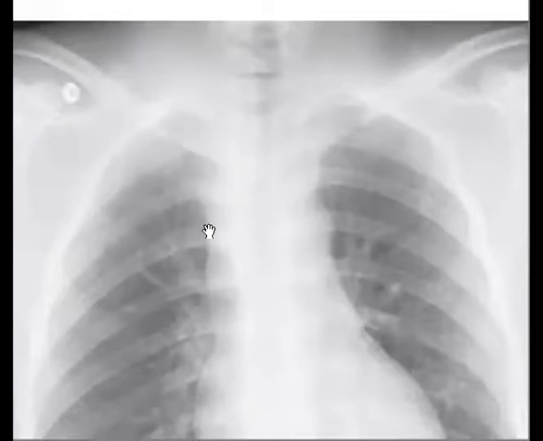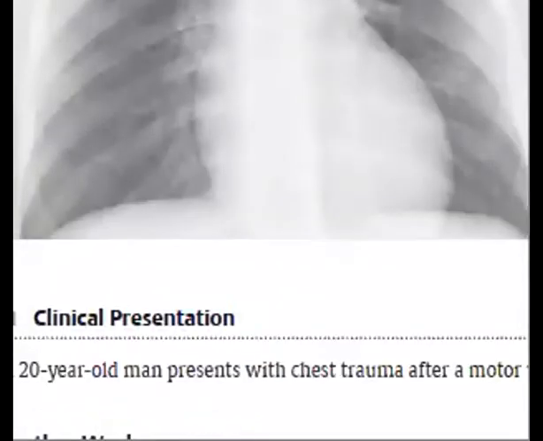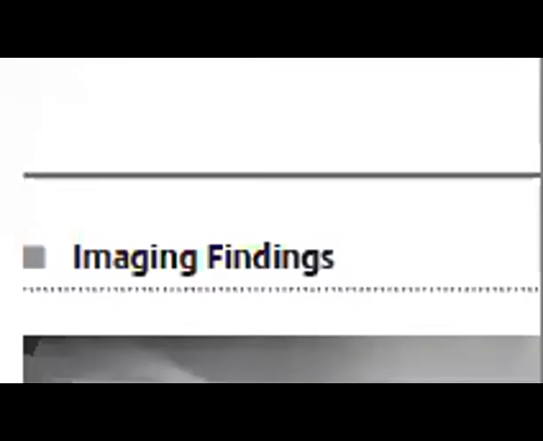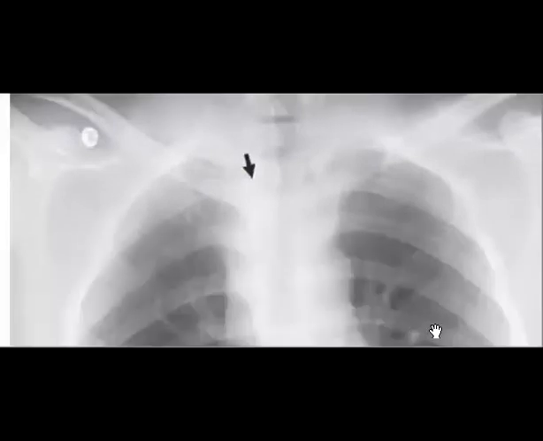It is very subtle. Yeah, I agree with you. Maybe this one is more zoomed here. So the right clavicular head is directed caudally.